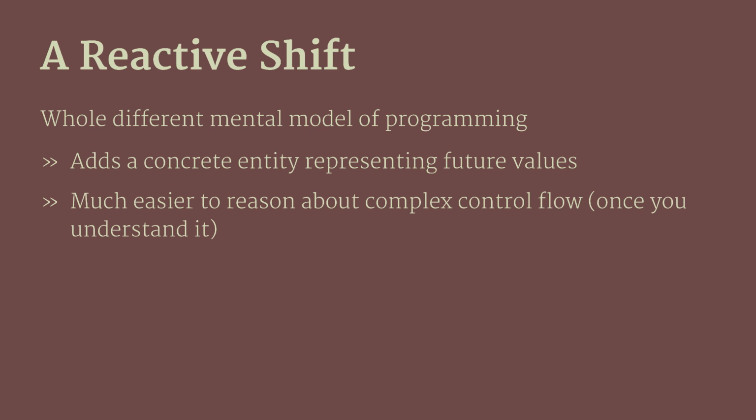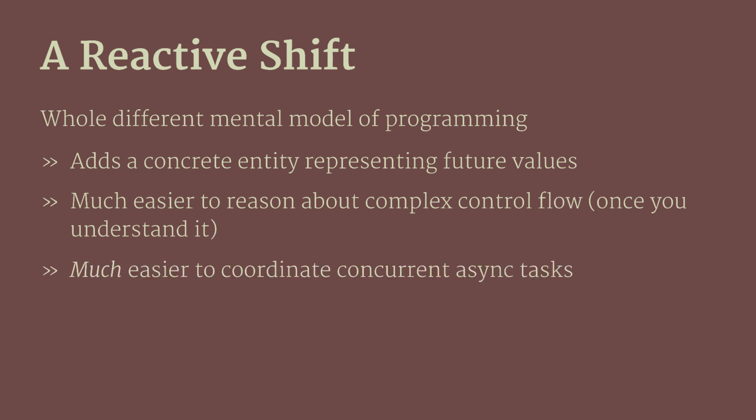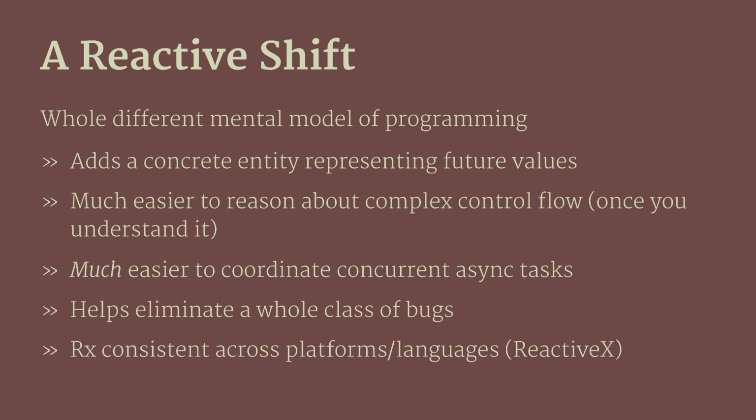Once you understand this style of programming, it's much easier to reason about complex control flow through your class. It's much easier to coordinate concurrent asynchronous tasks. It does help eliminate a whole class of bugs, and that's not to say it's a silver bullet or there aren't other bugs that come along with reactive programming, but it does eliminate a whole class of bugs that we'll talk about later.